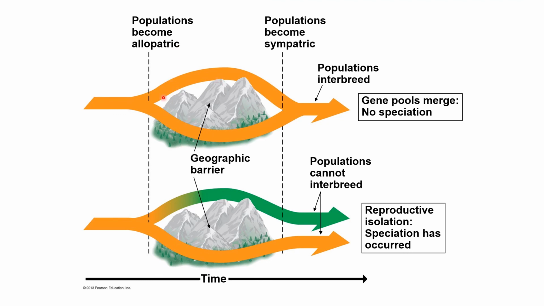We have a population divided into two smaller populations, but look, they came together and they interbreed, so no speciation. But if we have a geographic barrier and we keep it for long enough, right, and then the populations come back together, but there is already some isolation between them, reproductive isolation, they don't interbreed, then we have two different species, and voila, that's speciation. We started with one species, we have two species.